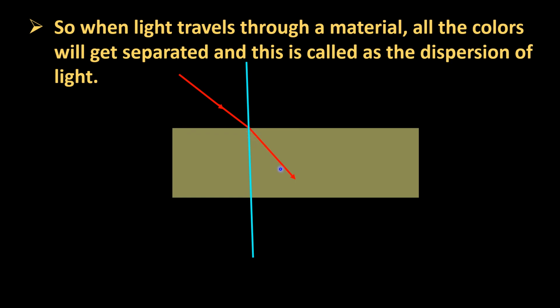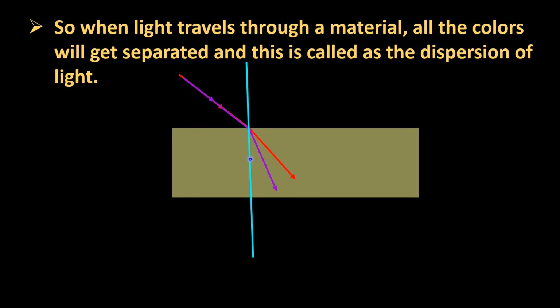This is the refracted ray. The deviation is less. And take the violet color light, which is incident at the same point, and after refraction it will go like this. That means it is bending more. Why is it bending more? Because the refractive index for the violet color light is more. So the deviation is also more.